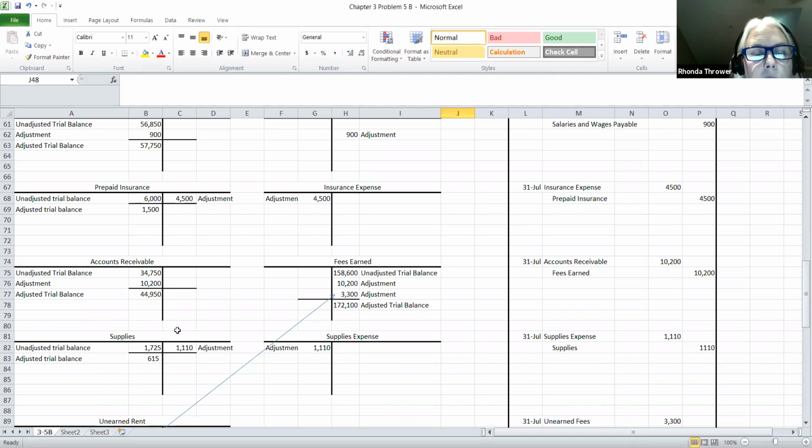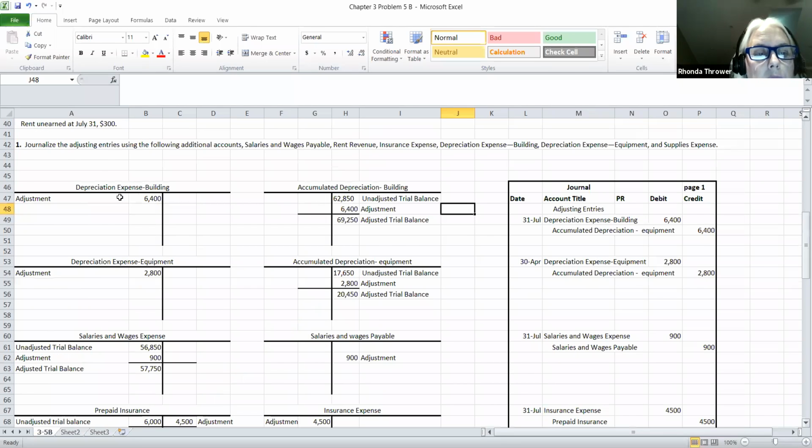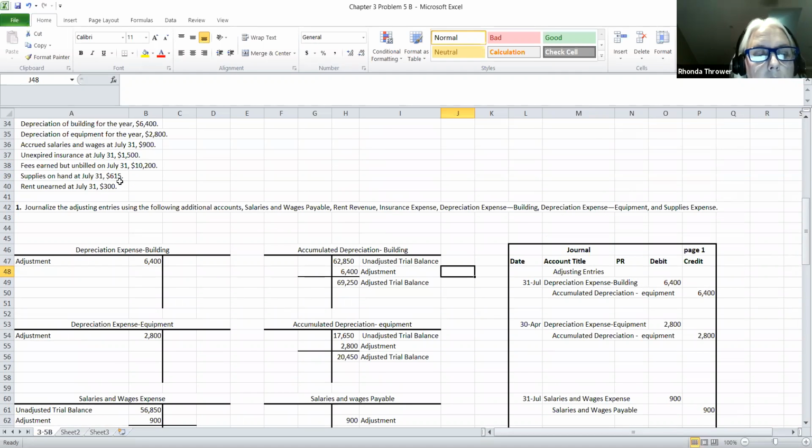Our asset account supplies will go down by the amount that we have used. In this case, they did not tell us what we have used. You have to find what was used. What they did tell us was the balance of the supplies that was on hand at the end of July 31st.